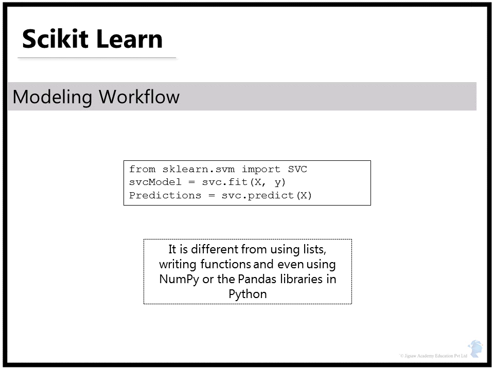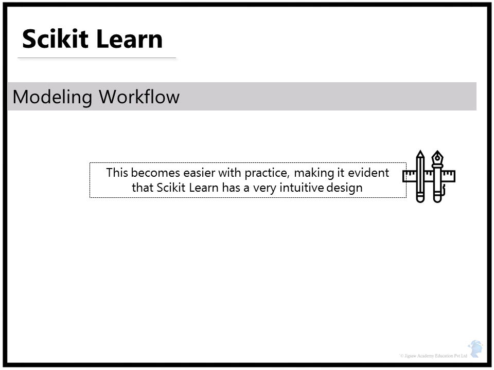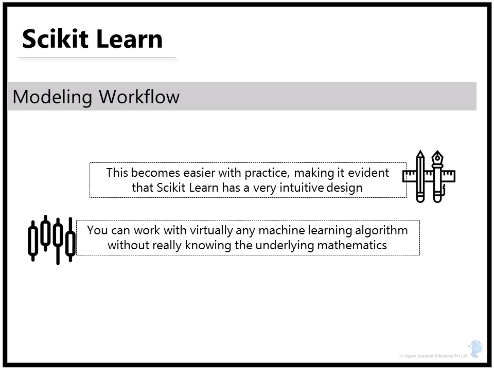But with practice, this will become easier and you will realize that scikit-learn has a very intuitive design. It just takes some getting used to. So you will realize you can work with virtually any machine learning algorithm without really knowing the underlying mathematics of it. Let us now get back to our credit card default dataset.